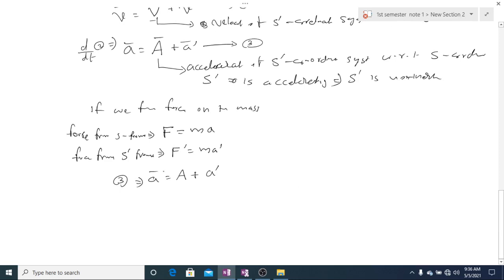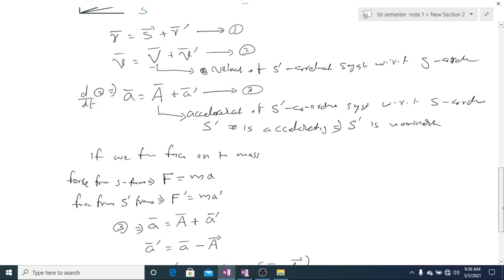Now, what is a prime? a prime is equal to a minus A, just rearranging. Now, what is F prime? m a prime, that is equal to m times a minus A, that is ma minus mA.